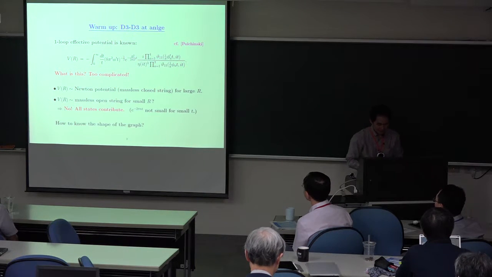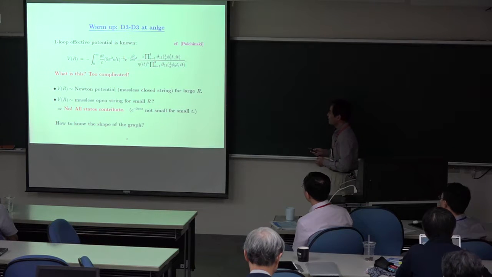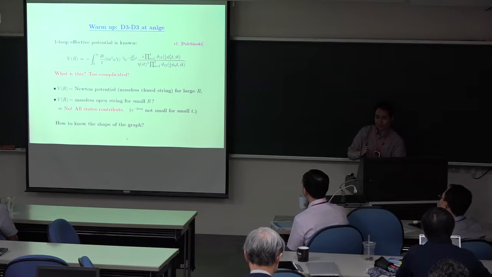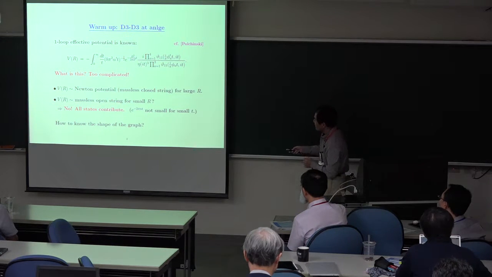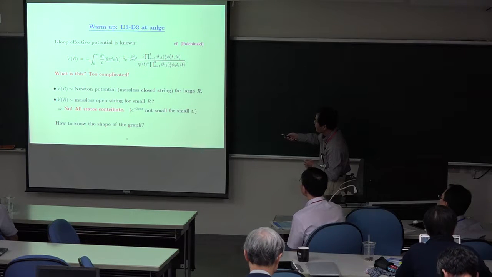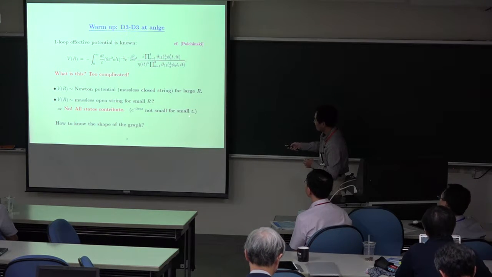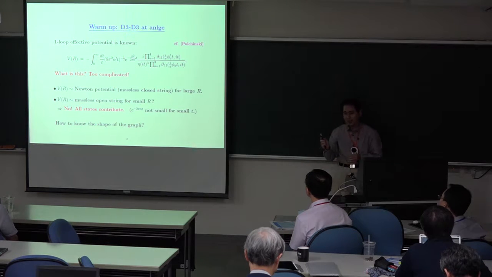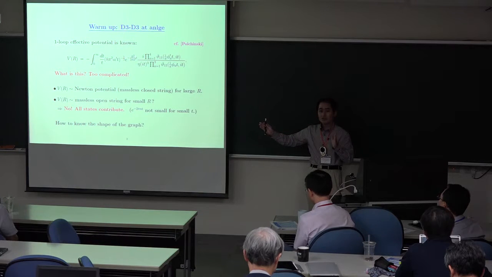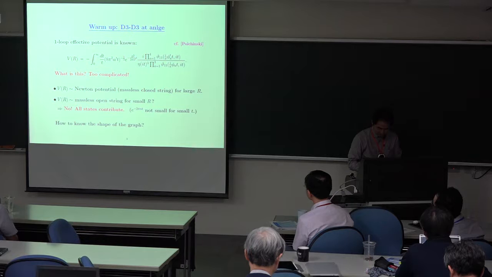But actually, it is not correct. If R is very small, then all the massive modes contribute equally. You may say that there is some kind of suppression factor for the higher massive terms, but because the integration is from 0 to infinity, this is no longer small for small t. Also, we want to find an approximate expression which can be applied to the whole range of the distance at once. So what can be done?